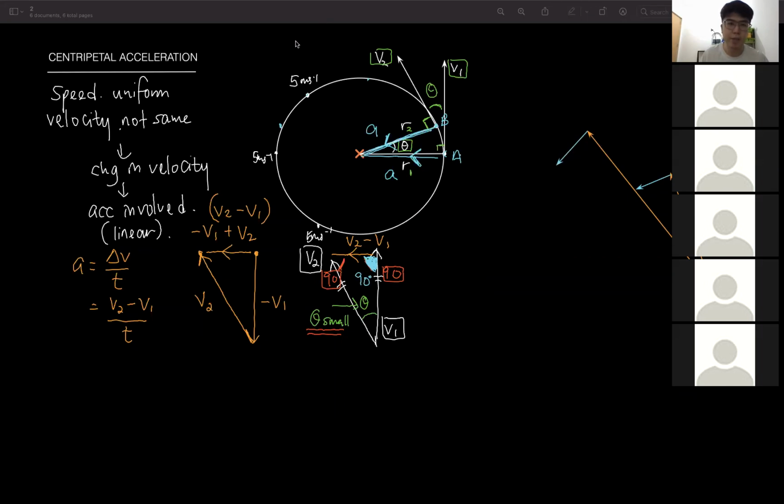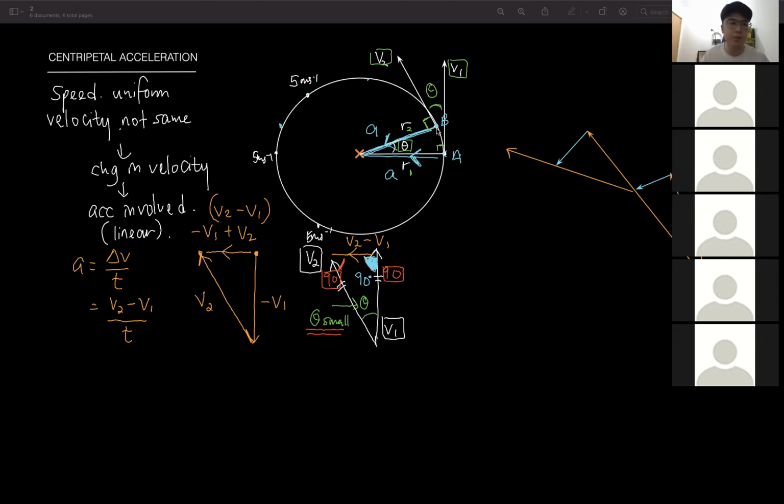Now the object moves in this direction. From here it goes in this direction. Again, there's a change in velocity. Every time it moves along the path, there is a change in velocity, so the acceleration is always acting on the object.